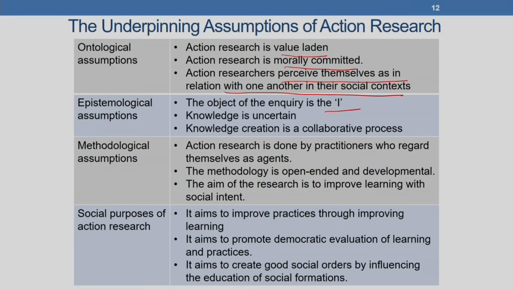This means that action researchers do not look for fixed outcomes that can be applied everywhere. Instead, they produce their personal theories to show what they are learning and to invite others to learn with them. Further, action researchers believe that knowledge creation is a collaborative process. Although the I is central, it is never understood as in isolation.